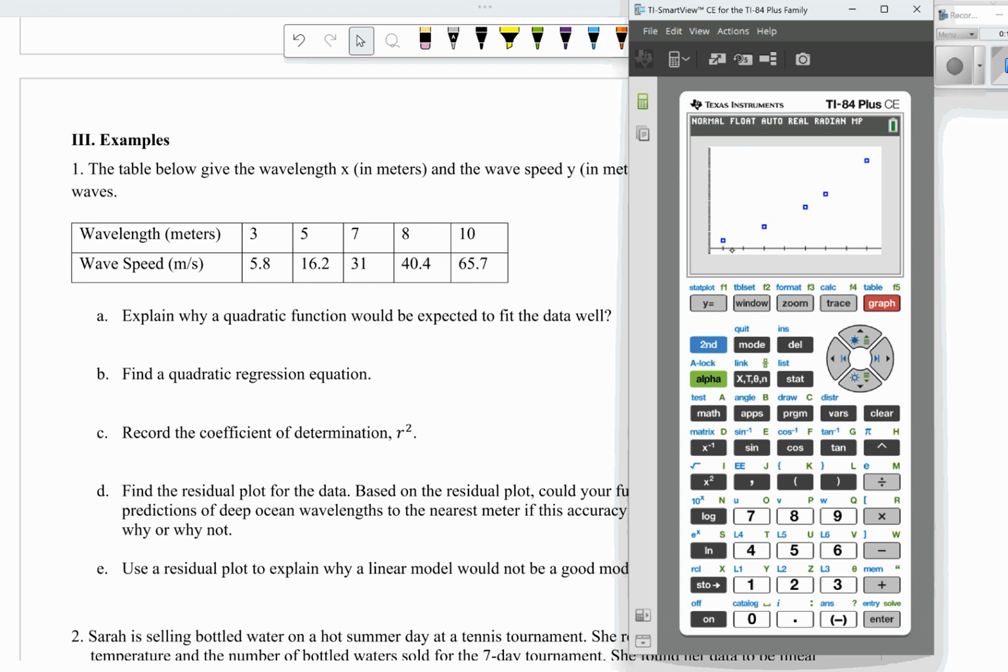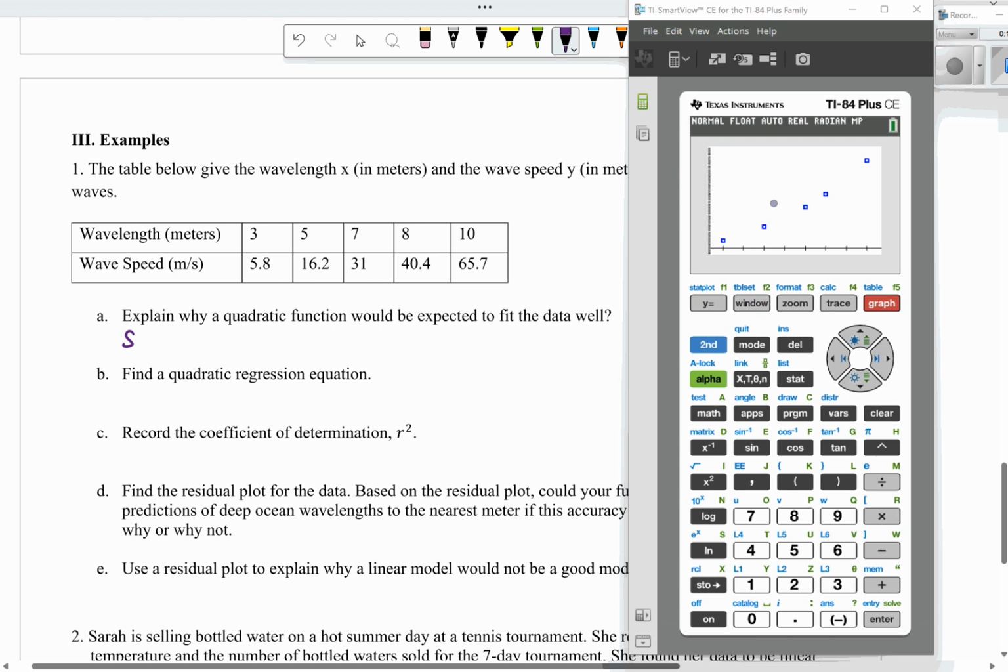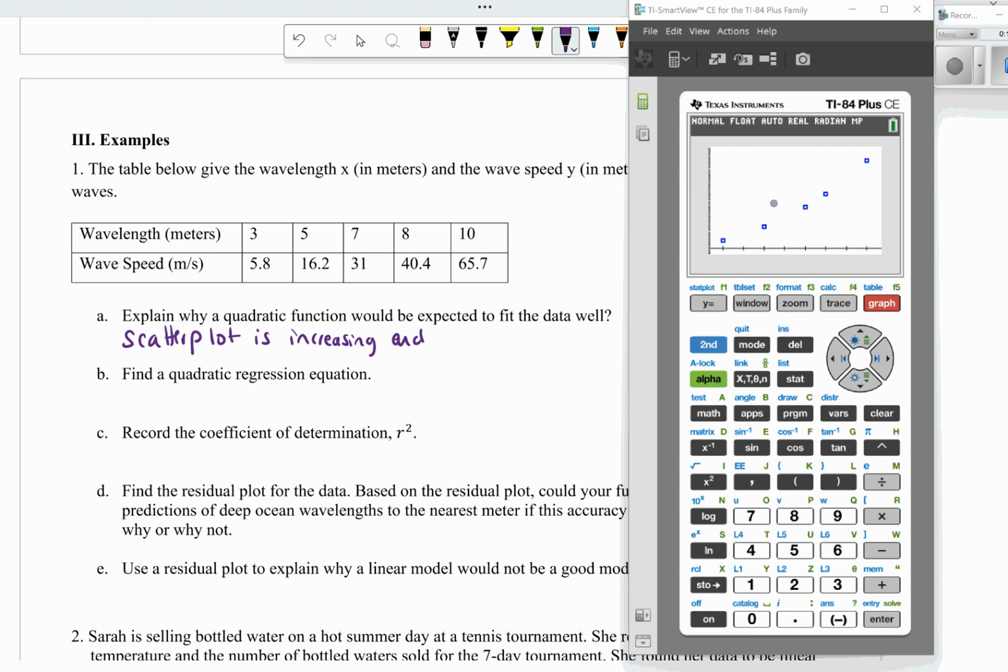So it looks like the scatter plot is increasing and concave up. And so I'm going to write that down here. So if the scatter plot is increasing and concave up, then the end behavior as x approaches infinity, your y values are also going to infinity.